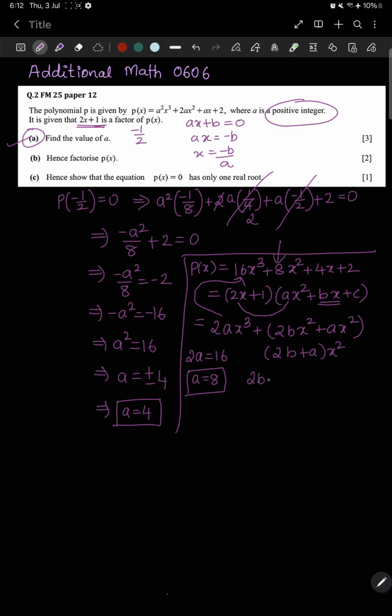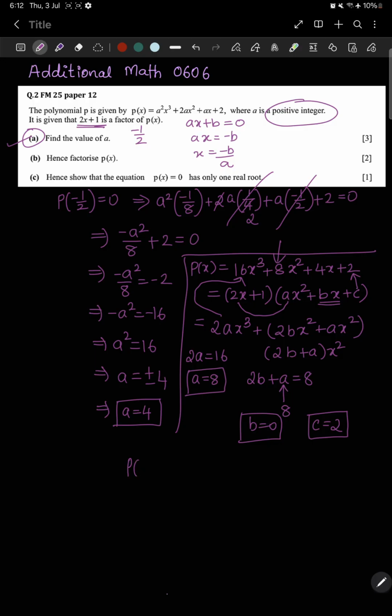So 2b plus a is equal to 8. But I already have the value of a, which is 8, and therefore I get b equals 0. Next, to get the value of c, which is the constant, I just compare the constant term, and that gives me c is equal to 2. So I get all three terms.